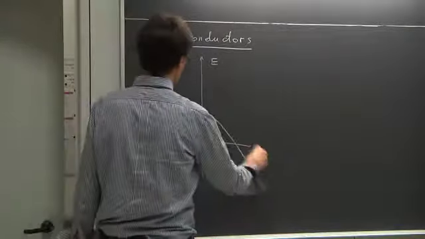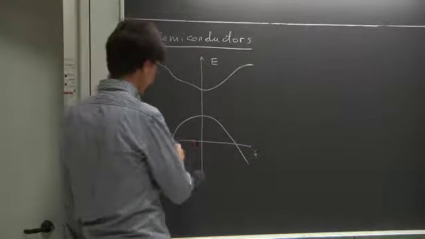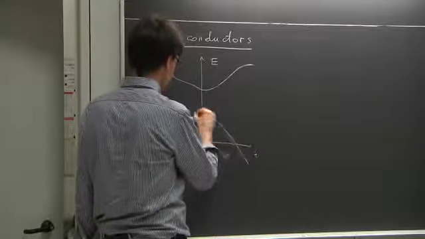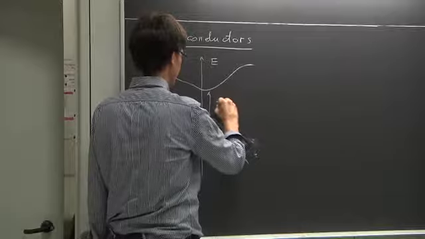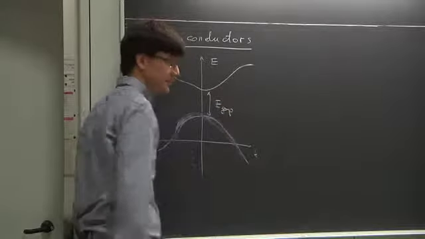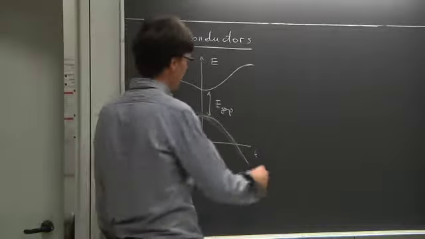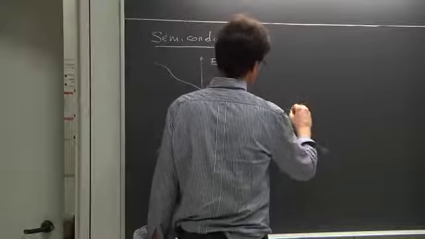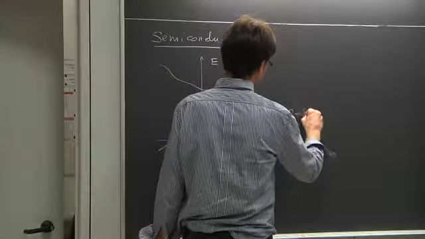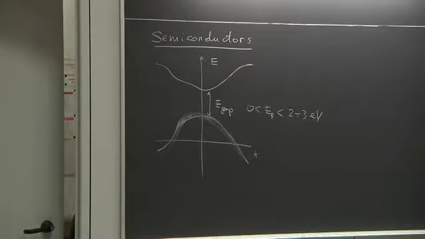So imagine a situation in which you have a band like this and a band like that, and this is completely filled. This is completely empty, so you have an energy gap which is finite, but it's not too big. And by not too big, we mean anything between 0 and, say, 2, 3 electron volts, depending on some properties.